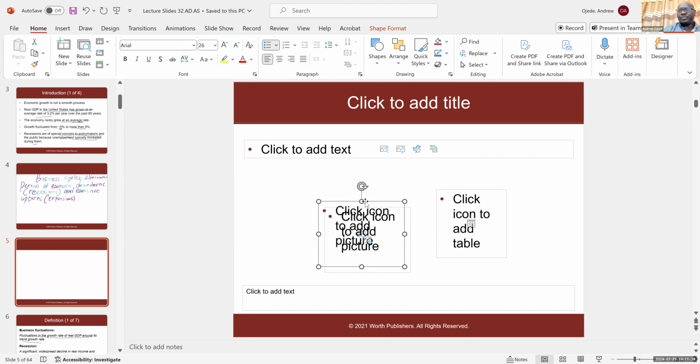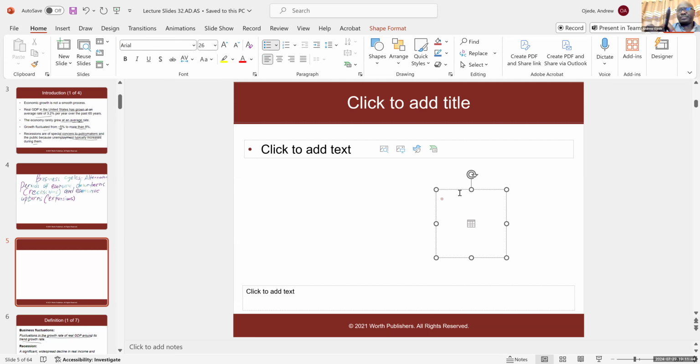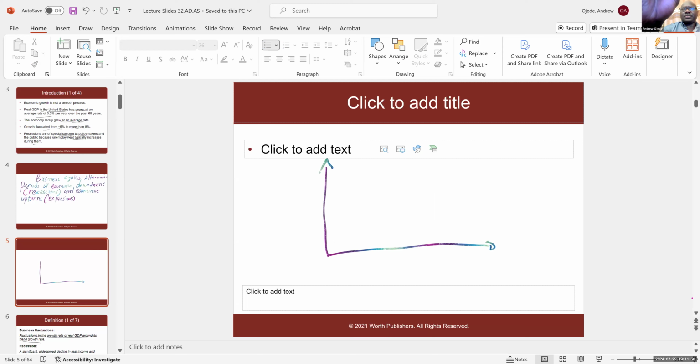Let me draw the picture here for you in a sec. A typical business cycle looks like this. If we put GDP growth on this axis, and then we put time here, the economy does not grow on a straight line.